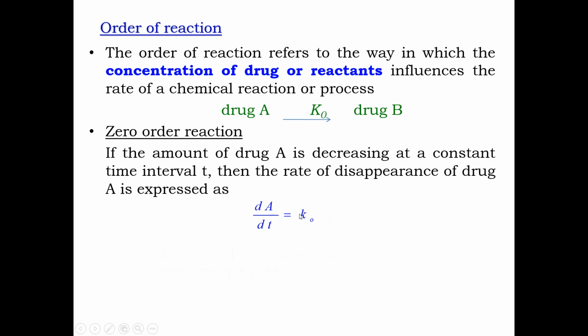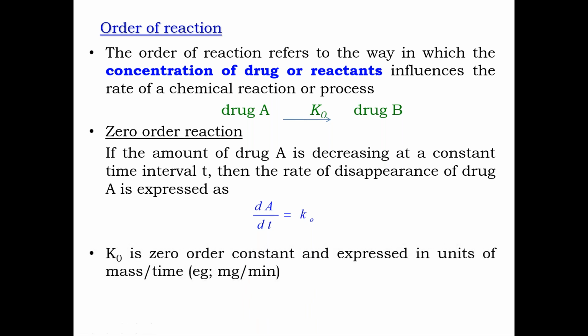So K naught represents the zero order rate constant, and the unit of the same is mg per minute, that is mass per time. I expect you to at least understand the basic aspects of zero order kinetics and first order kinetics. So zero order gives us information. What is the importance of order? It gives information about the concentration.